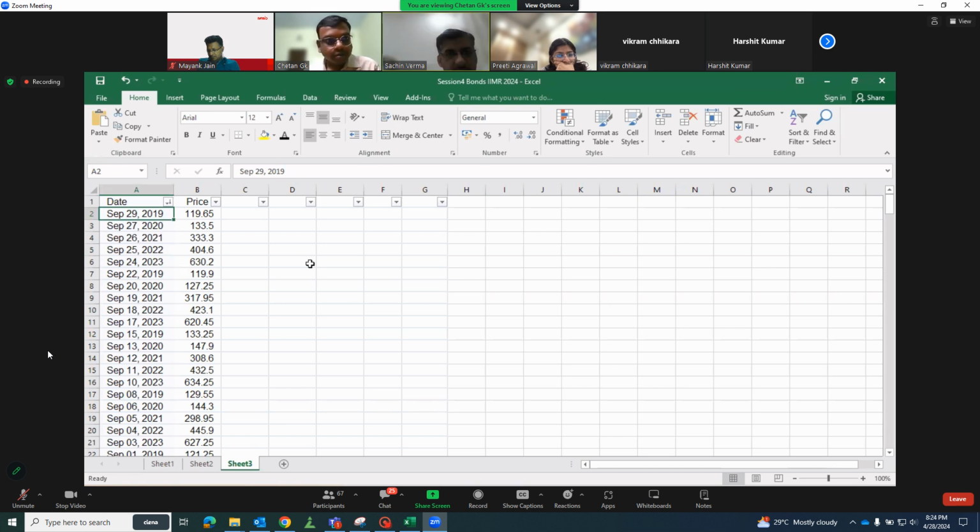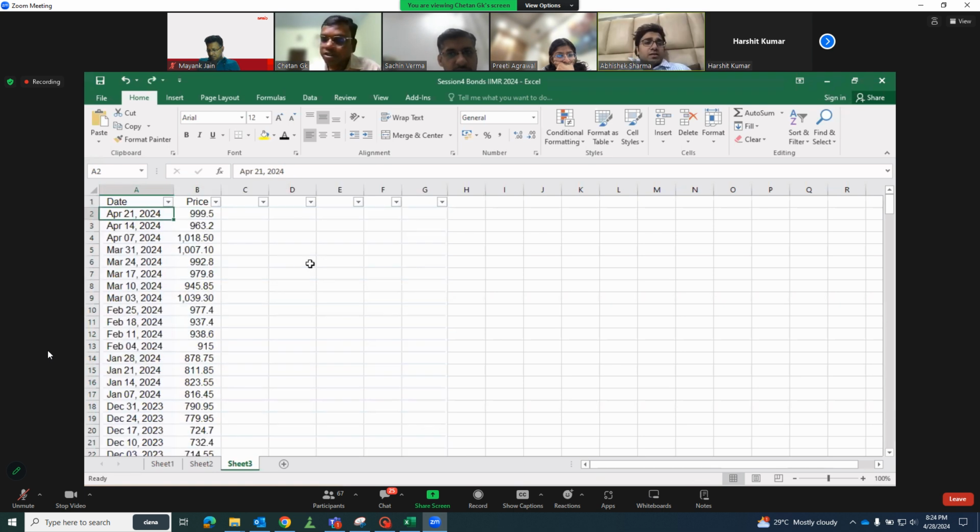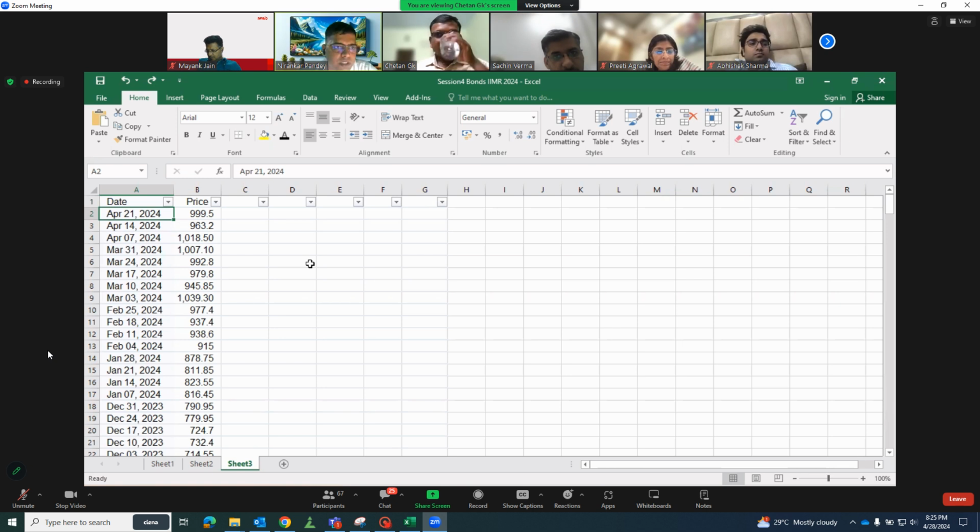Because this date format data is actually general format, it's not actually date format for Excel. So what shall we do now? You have to select both date and price, and the filter should be on the price. First select both columns A and B, and after that apply the filter on the price.